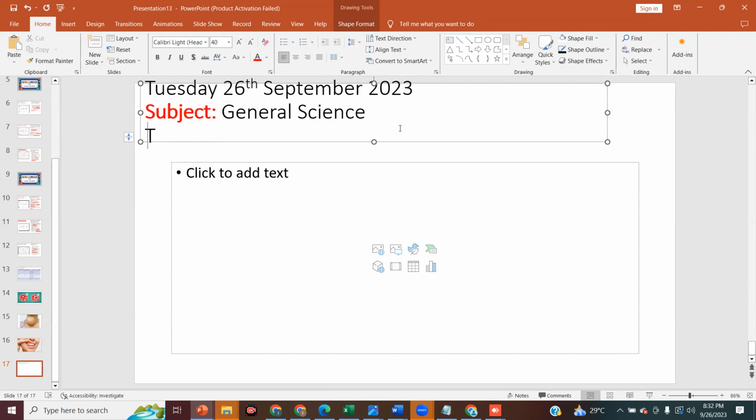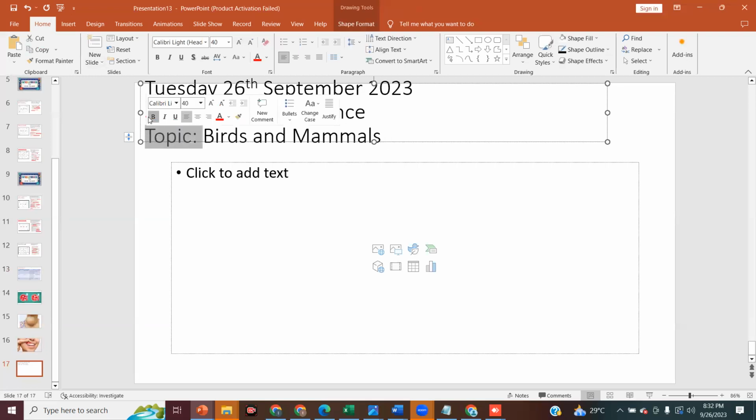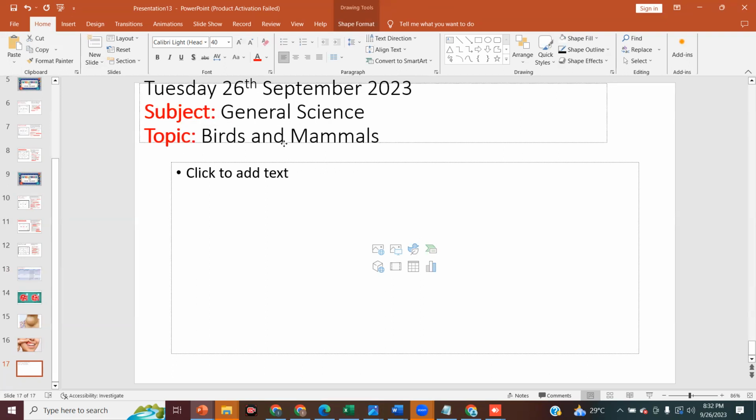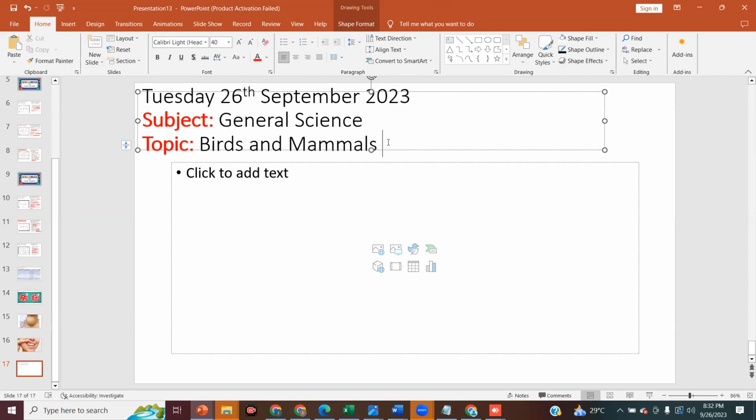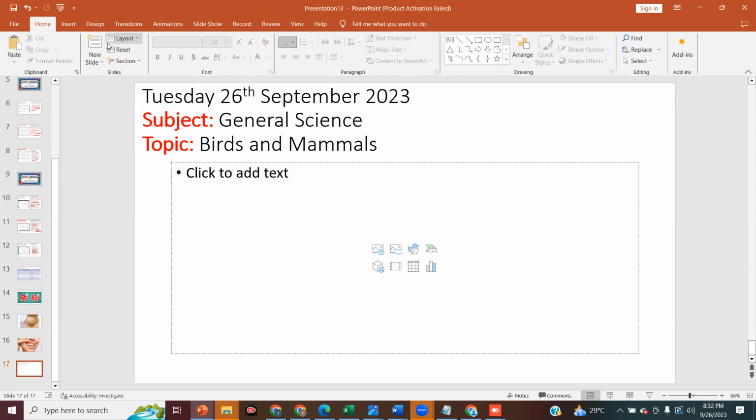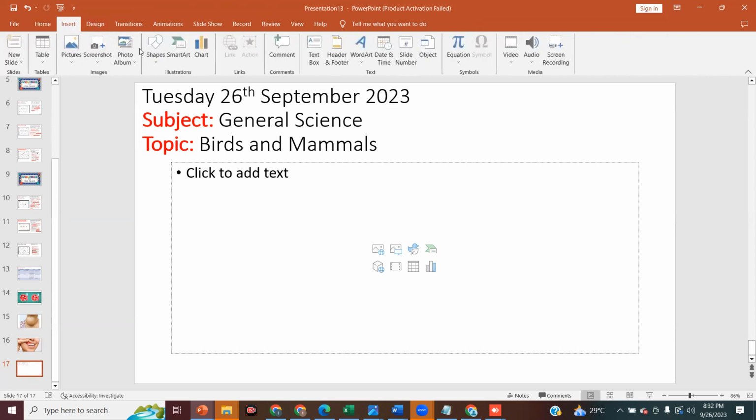All right, so the topic for the day is birds and mammals. Birds and mammals should be very easy for us to do because they're very familiar, and they're easy to identify. So let's construct a table as well. The first table is going to be on birds. The second one is going to be on mammals.